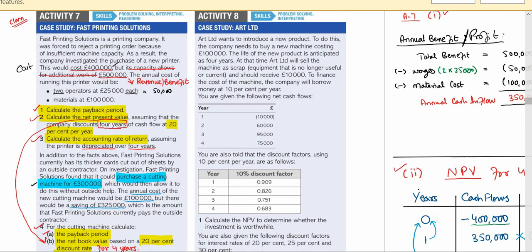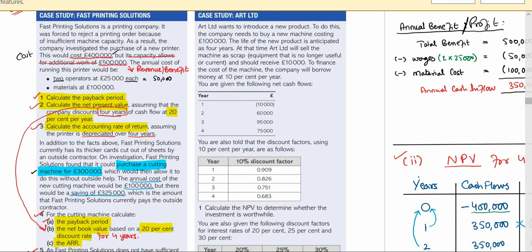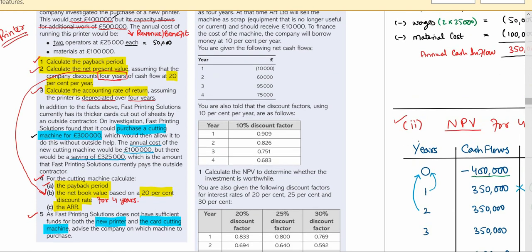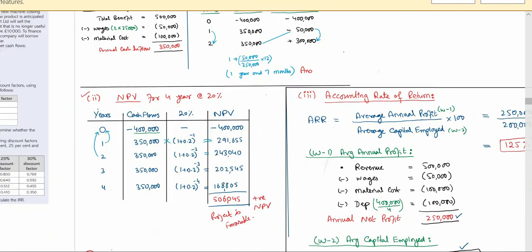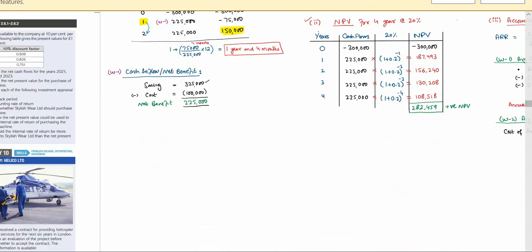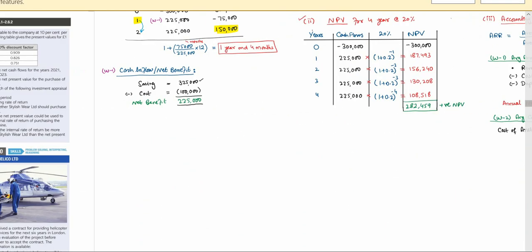So either to purchase the printer, this was the story of printer, and this was the story of cutting machine. Which is more suitable, printer or cutting machine? For the analysis, which one is better? We just compare both.